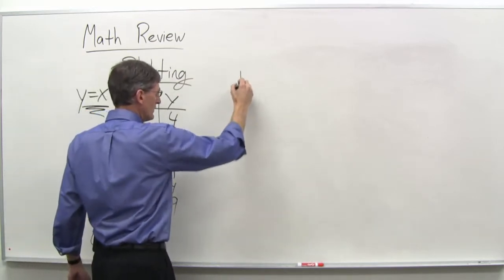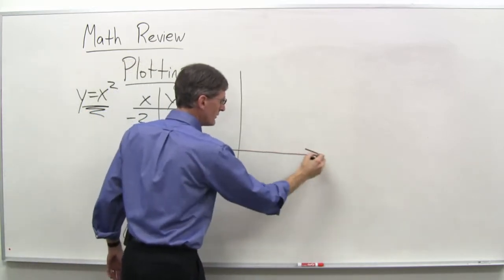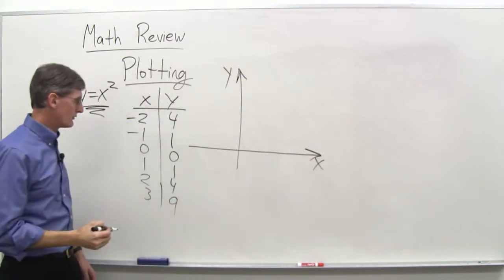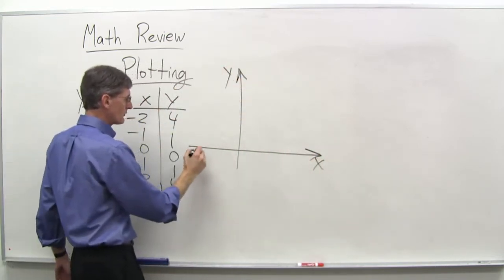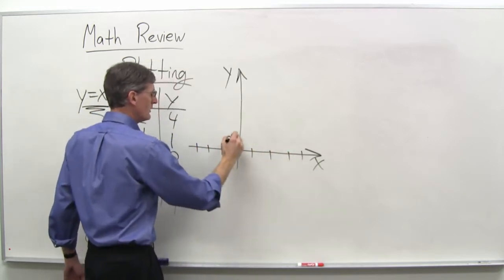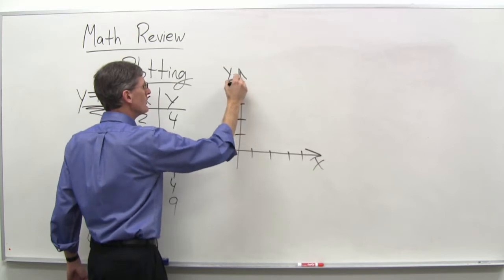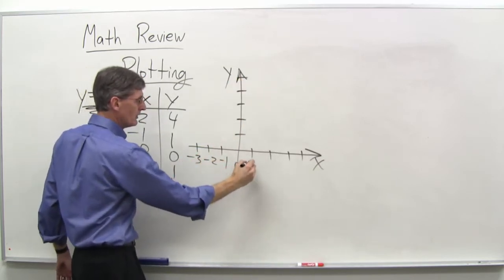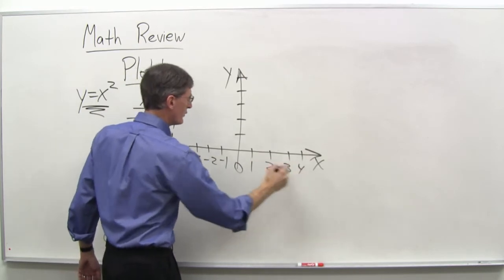And so if I'm going to plot that, here's my x-axis. Here's my y-axis. Put some marks on here: 1, 2, 3, 4. So -3, -2, -1, 0, 1, 2, 3, 4.